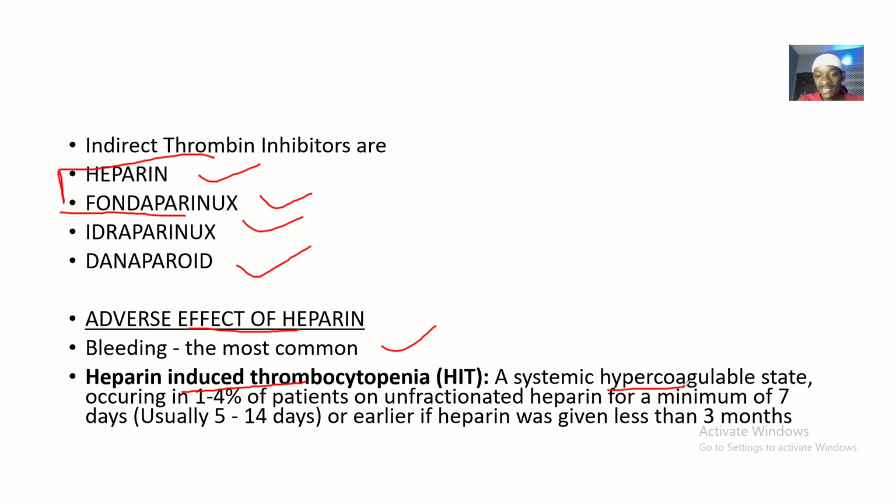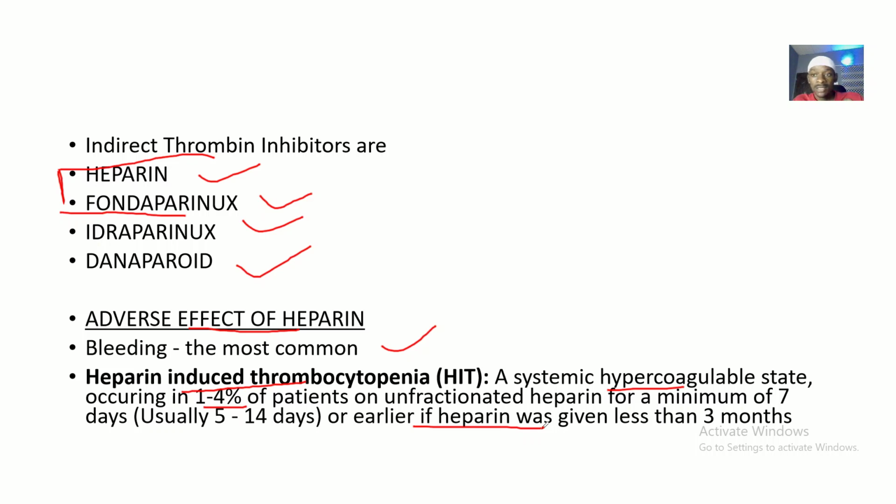We said that this is a systemic hypercoagulable state occurring in 1 to 4% of patients on unfractionated heparin for a minimum of 7 days, usually 5 to 14 days, or earlier if heparin was given less than 3 months ago. This is just to tell you that there are two types of heparin: the low molecular weight heparin, which is the best one, and the unfractionated heparin.